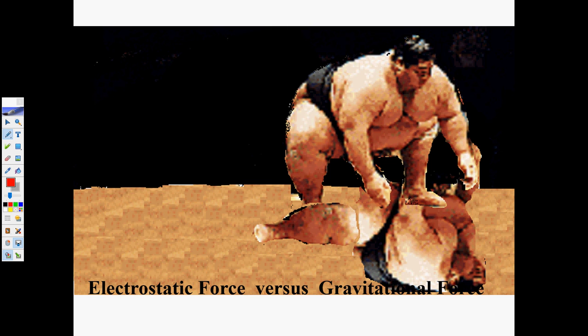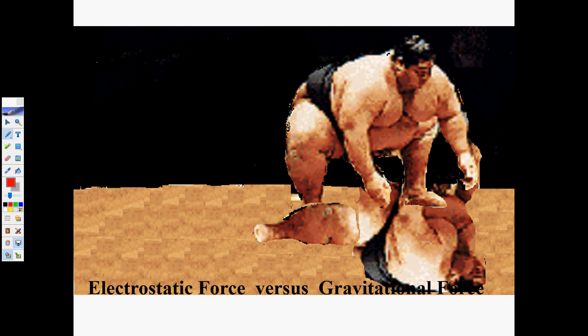And when we place the proton next to the electron, and we compare, because they both have mass, and they both have charge, the force of gravity attracting them to the electrostatic force attracting them, we'll see that there is no contest.